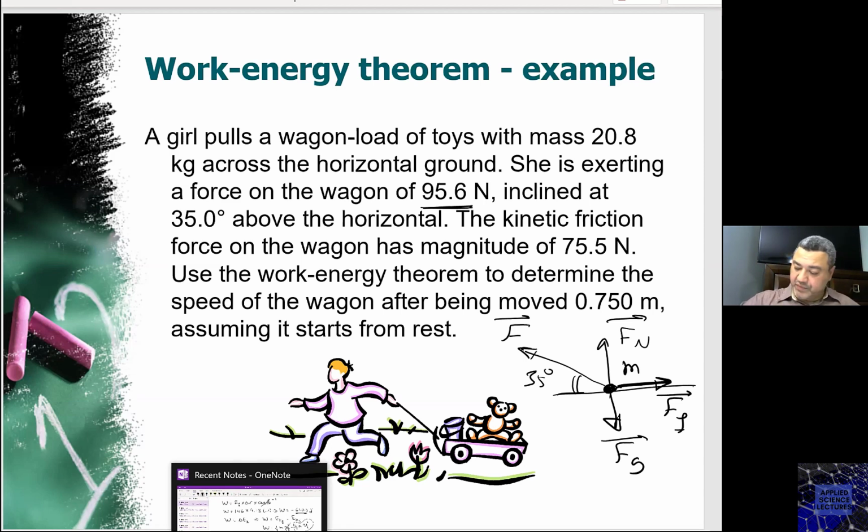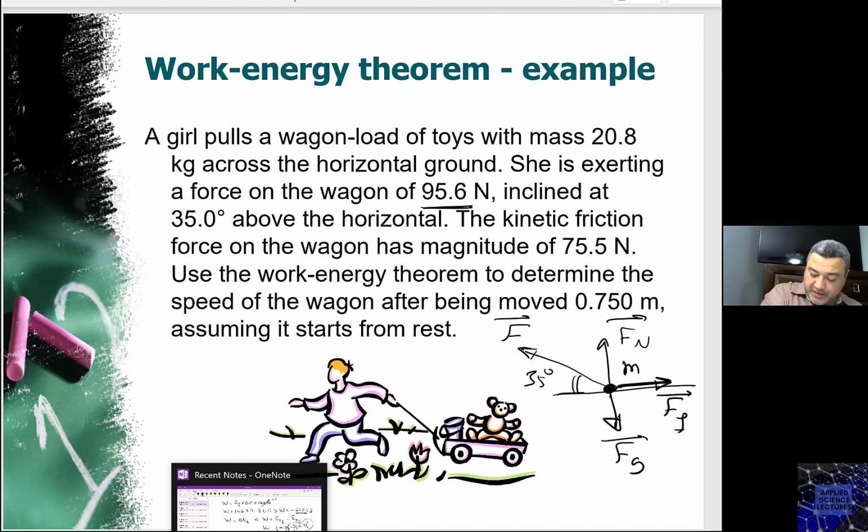We know, let me write those ones. Mass, 20.8 kilogram. Force, 95.6 Newton.